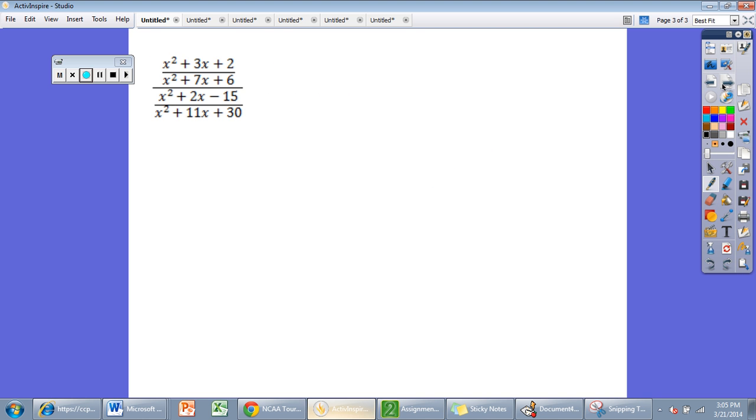I do want to talk about one more case here where you're dividing where it looks similar to a complex fraction. So again, you just want to factor each of the four parts.